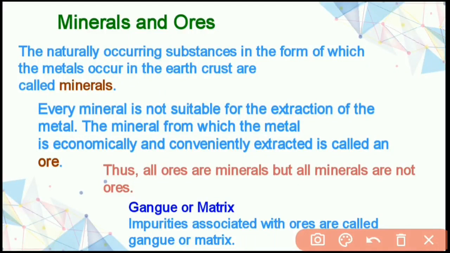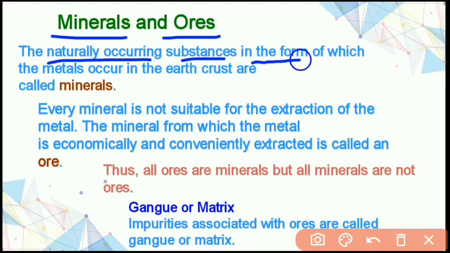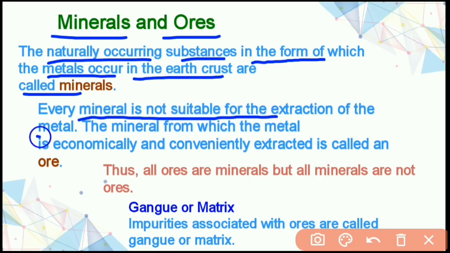Next metallurgy terms are minerals and ore. Naturally occurring substances in the form of which metals occur in the earth's crust are called minerals. Every mineral is not suitable for the extraction of metal.